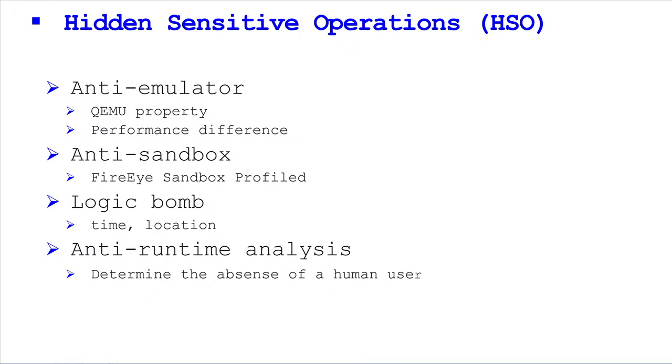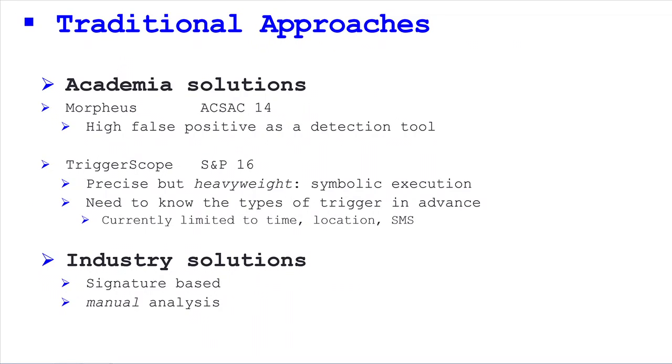It could also include logic bombs, which could be based on time and location. And in recent developments, runtime analysis techniques have become even more advanced, and malware could determine the presence or absence of a real human user to differentiate from automated runtime analysis without a human user. So how do we solve this problem?